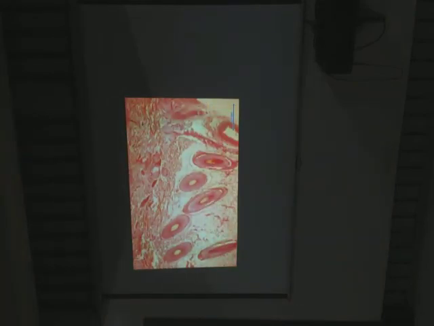Dense regular. How about that layer pointed? Identify the stratum pointed. Lucidum.